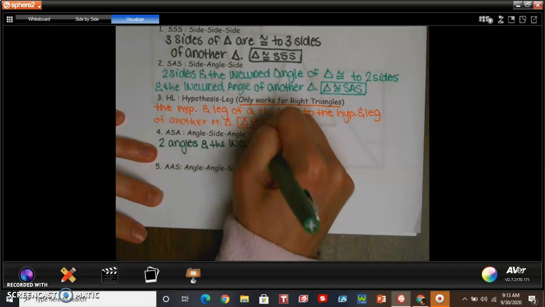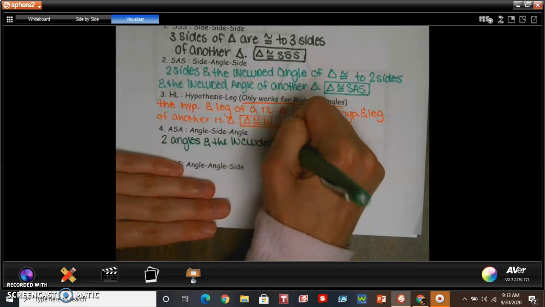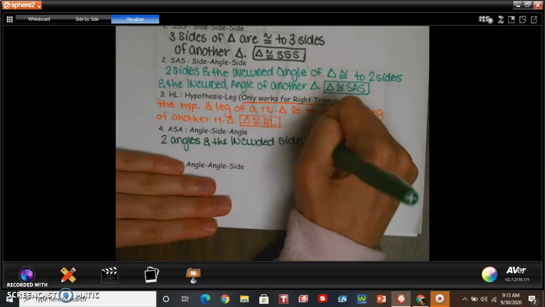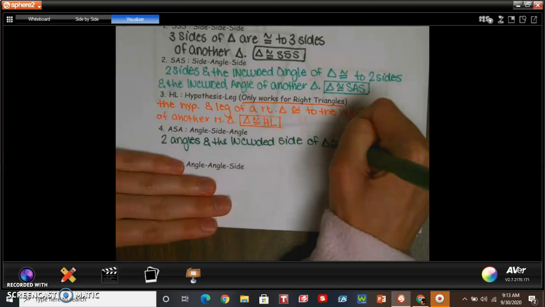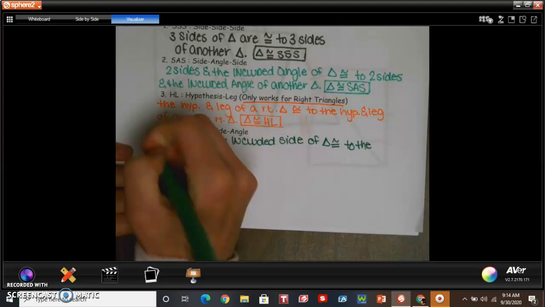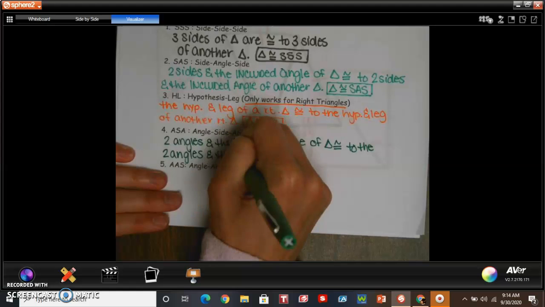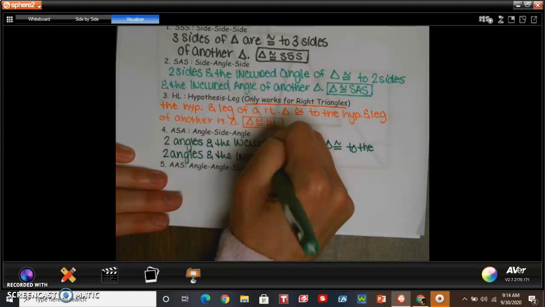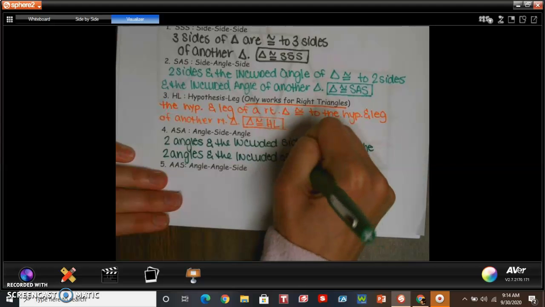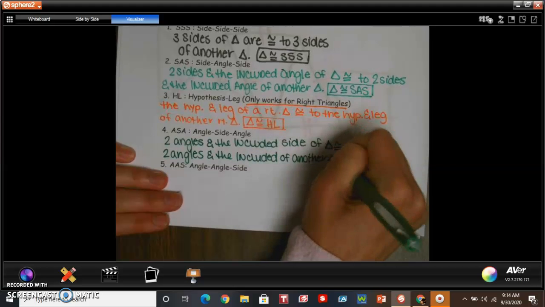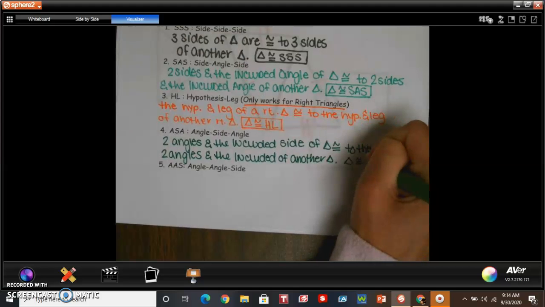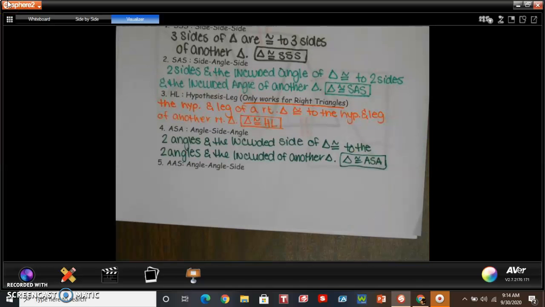Now remember, included means between, of a triangle, congruent to the 2 angles and the included side of another triangle. Then those triangles are congruent by angle, side, angle. So for this one here, it's important to recognize that that side is going to be between the 2 angles, okay? It's going to be between them, okay?